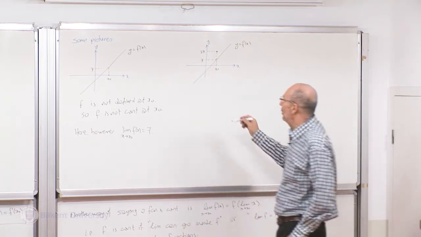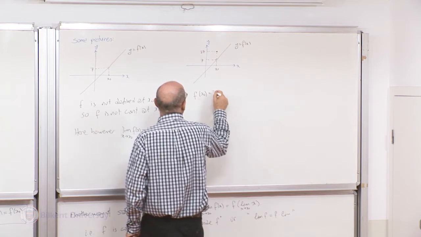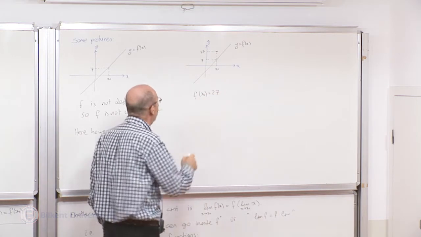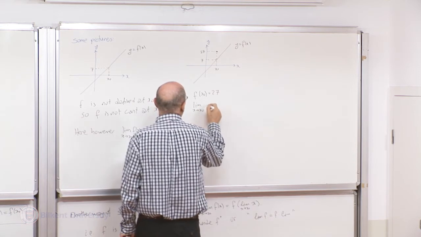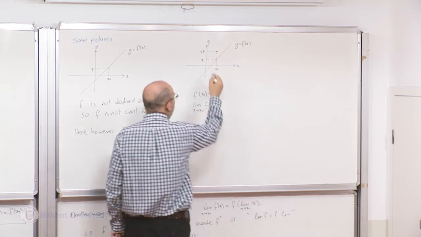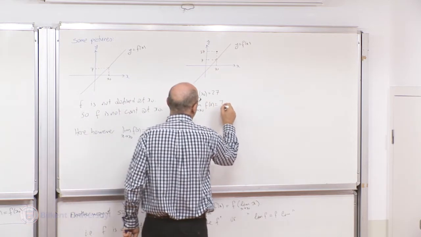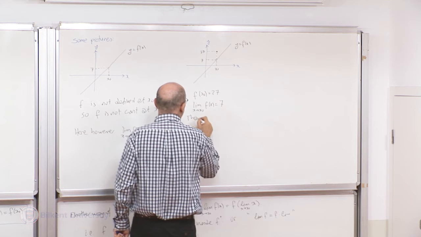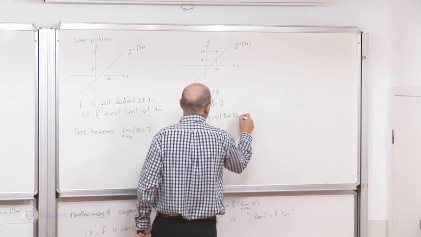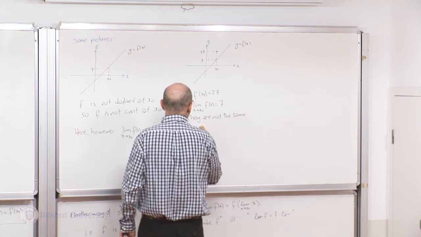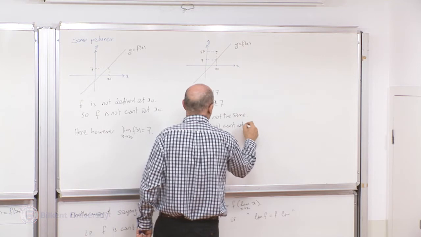So here, f of x sub 0 equals 27. It exists. I calculate the limit as x goes to x sub 0 of f of x. From the figure, it is 7, right? They are not the same. So f is not continuous at x sub 0.